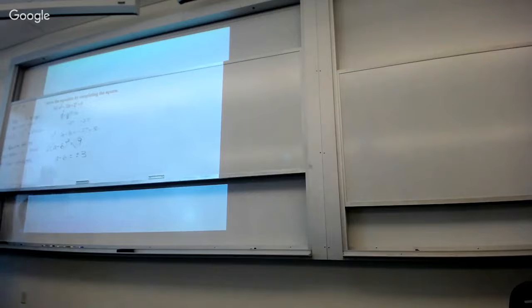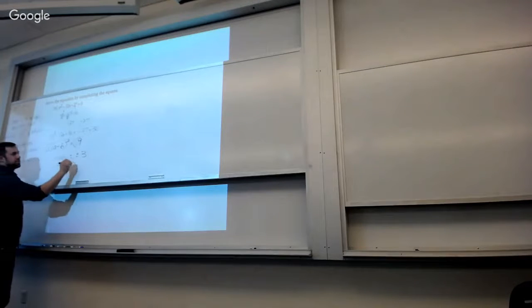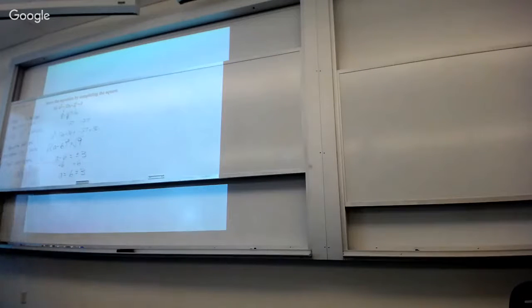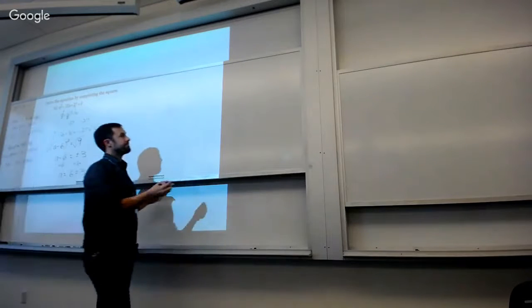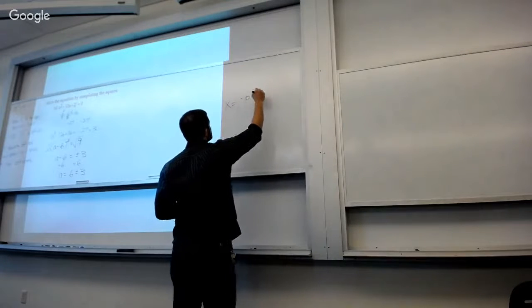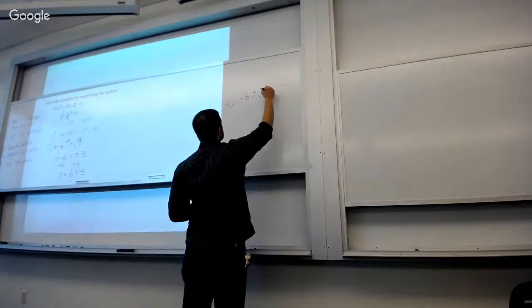And then when you do your last step and you add 6 to both sides, we're all going to remember to write our answer as the number, then the plus or minus number. We always write the number, then the plus or minus number. Why does the plus or minus number go second? Because in the quadratic formula, it goes negative b plus or minus the square root of b squared minus 4ac over 2a.